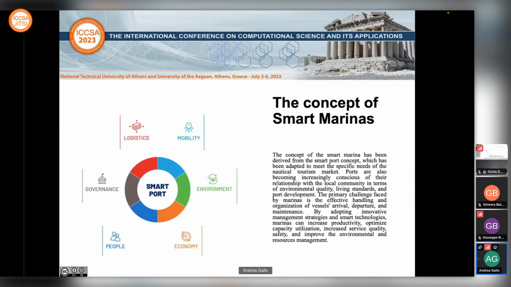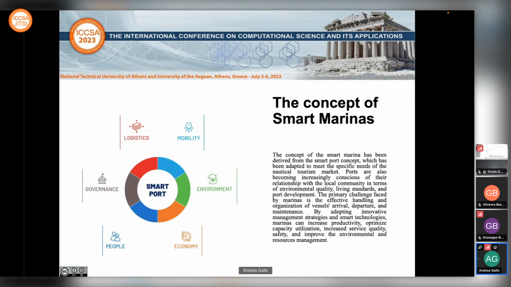So starting from the idea of what smart ports are, the ability of being sustainable and efficient related to different aspects: mobility, but also logistics, the environmental point of view, the economic point of view, governance, and also the service given to the people that arrive into a port, or in this case to marinas.